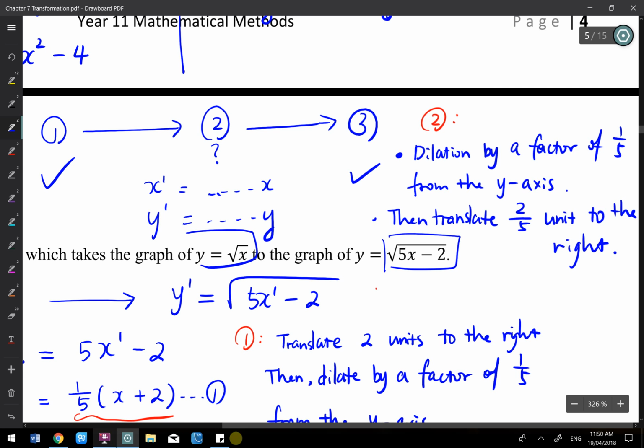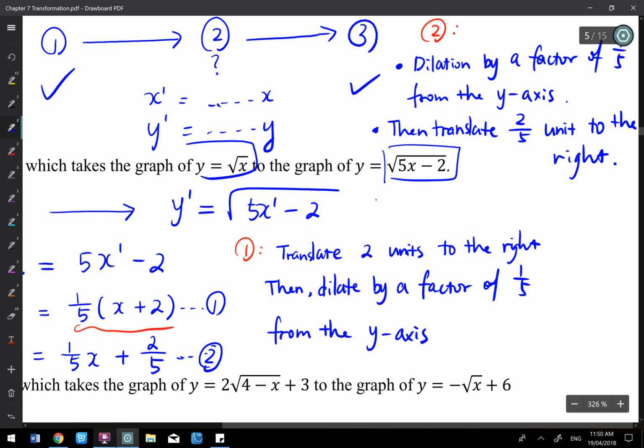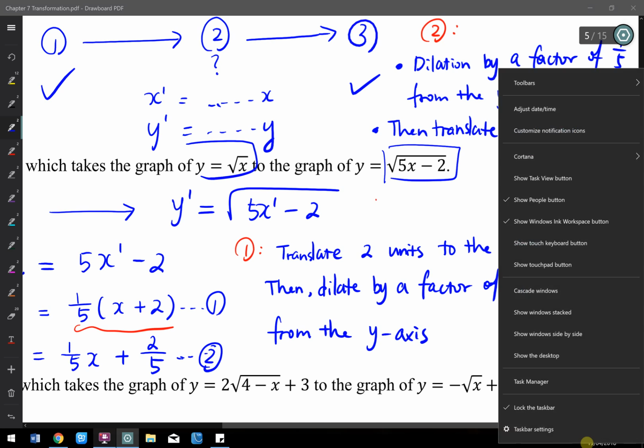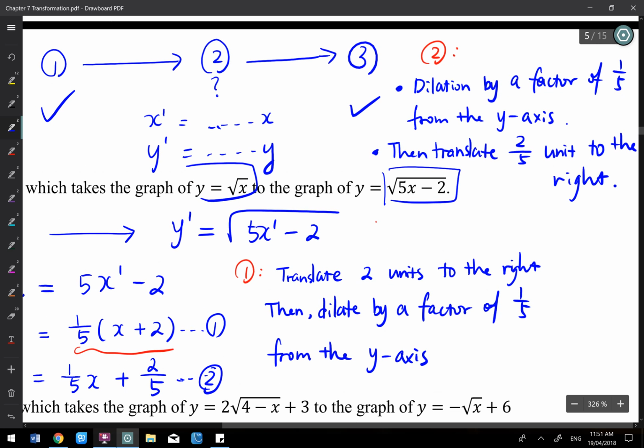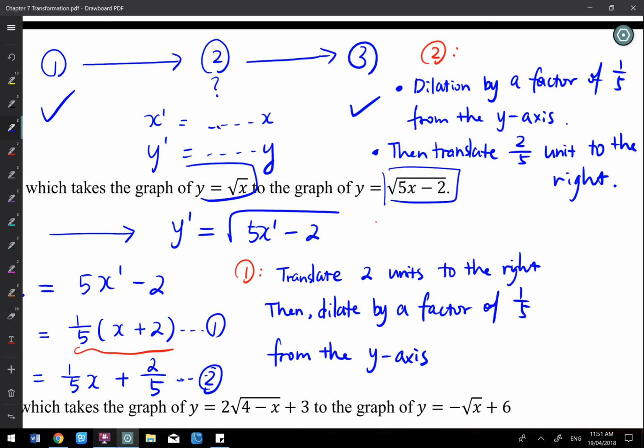Two steps as well, but this dilation happened first. The dilation will be 1/5 and then translate 2/5. But if we translate first, we translate 2 and then dilate by 1/5. That's what I said: if you change the order, the answer will be different.